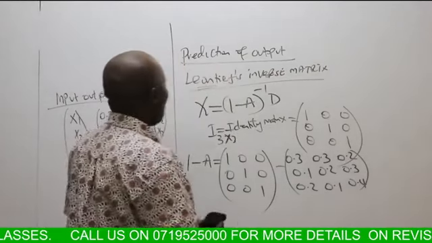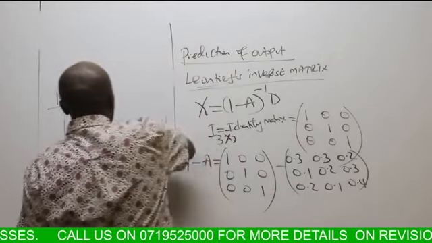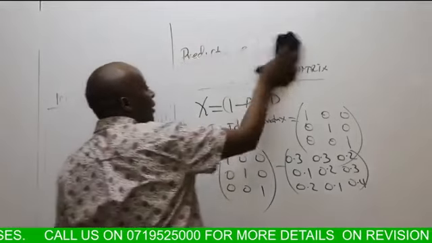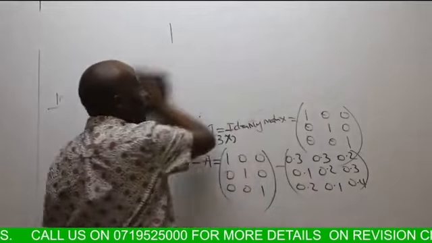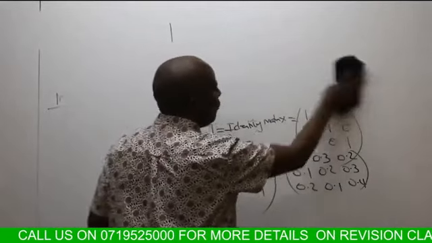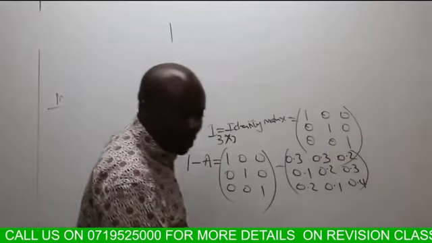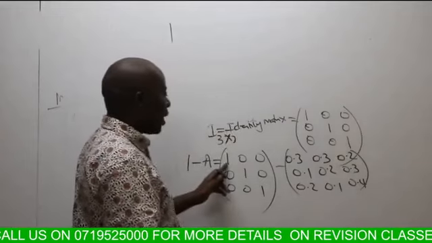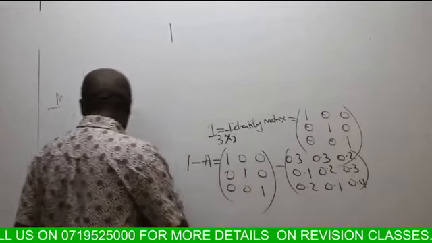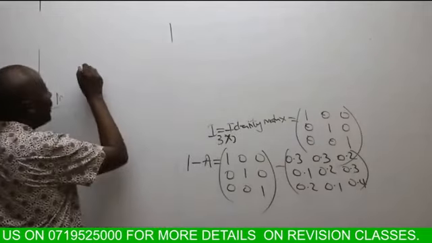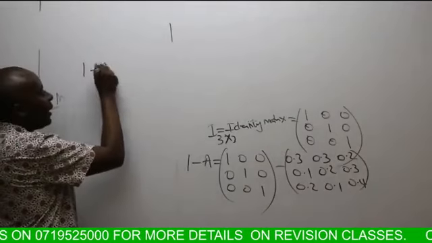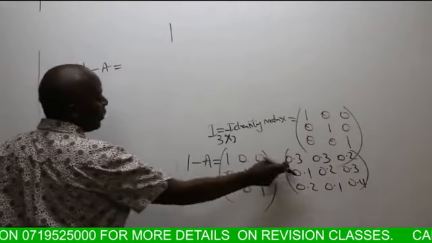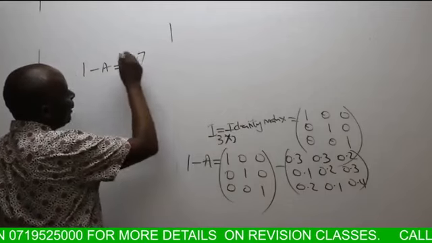I would want to do something very interesting here, so I expect you guys to move with speed. Now 1 minus 0.3, so my I minus A: 1 minus 0.3 gives me 0.7.